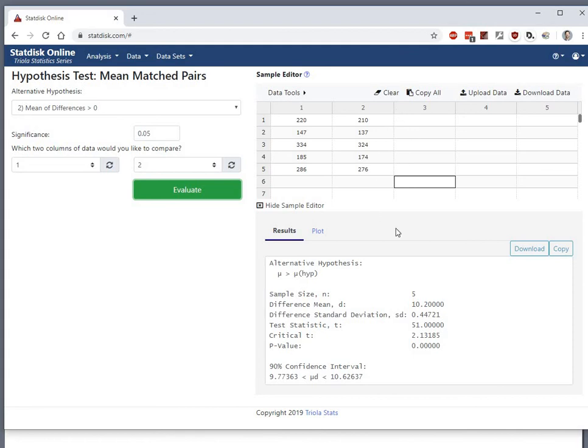So it creates that third list in its brain. It runs the p-value on that third list, says, yeah, the p-value is incredibly tiny. And it gives you the confidence interval in case you need that. And says, yeah, the average difference, the average amount of weight lost, is right around 10, right? It's 9.77 to 10.63. Exact same result as before. It just saves you that step of computing that third list on your own.